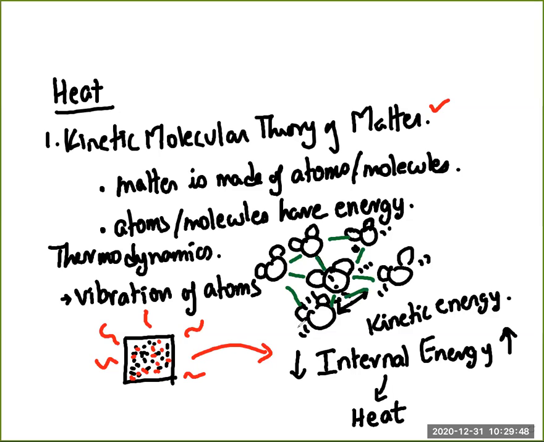So if you look at the atoms and molecules in all of the matter which is there in this universe, roughly about 5% of the universe is made up of this kind of matter, which is made up of atoms, which are made up of protons, neutrons, and electrons. So this matter contains energy.